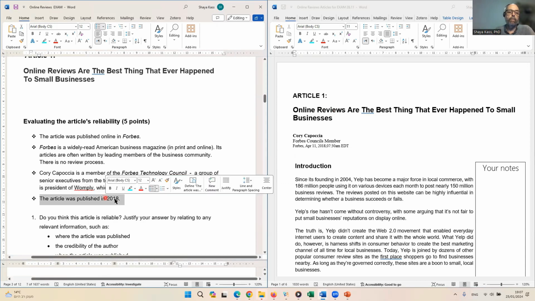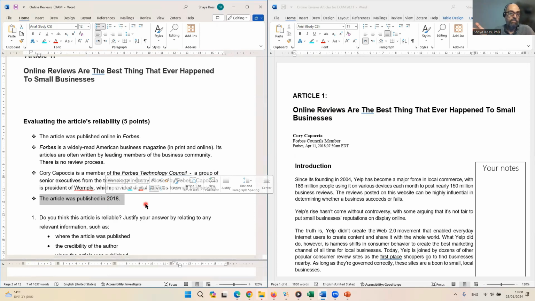And here the article is written in 2018, so you could say automatically, no, thank you, not good enough. Or you could say, it is good enough. It hasn't changed in 6 years. It's only 1 year too old. That's up to you. You can answer both yes and no and get full credit, depending on what you write.